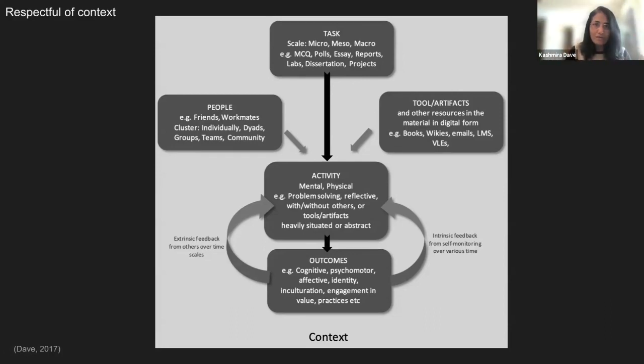So we have a task of learning design or whatever, and then we ask people's help, we use tools, and we try to create something or do an activity that will get the outcome. That's basically the application of such a model. What came out of my research is that it depends on how the task is delivered.